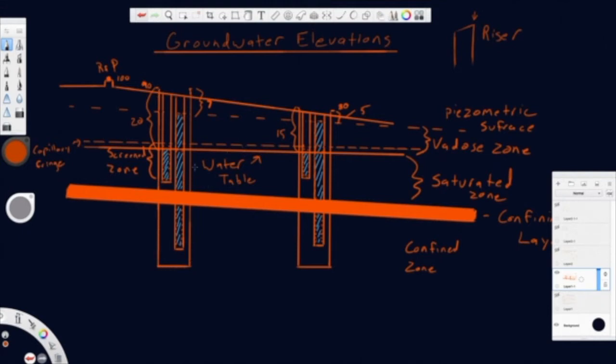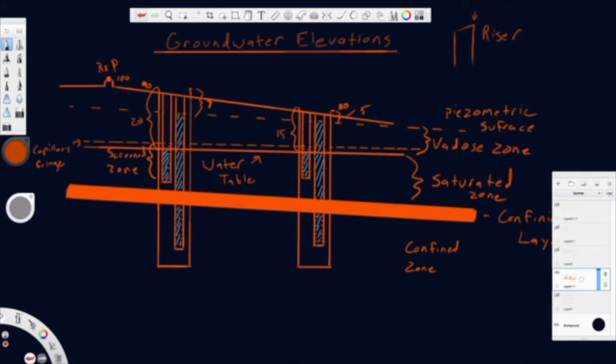So moving on from that, the next thing would be what these are. These are not drawn to scale, but these are well nests. So some of the times, if you're trying to get a deep profile, a really broad view of what's happening within your area, then you're probably going to nest some wells together.